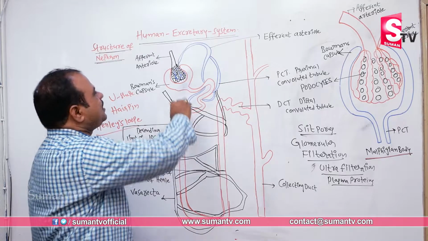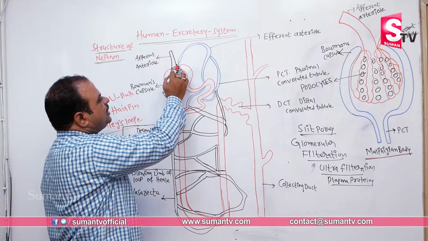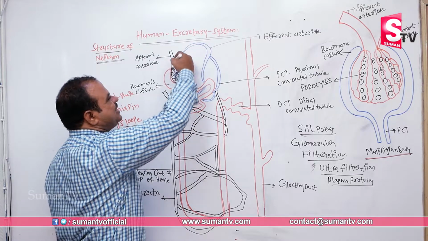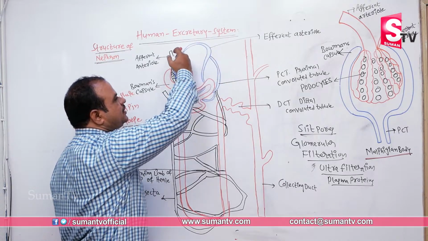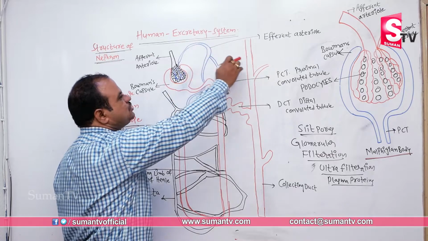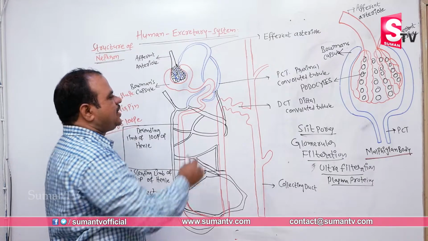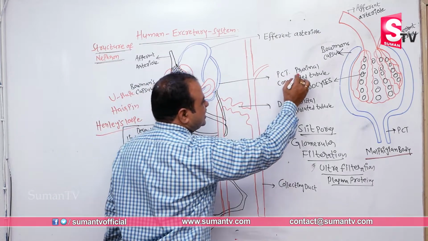At the same time, after the filtration, the purification is completed. Then comes elimination. The purified blood passes through the efferent arteriole. The efferent arteriole is followed by the PCT.